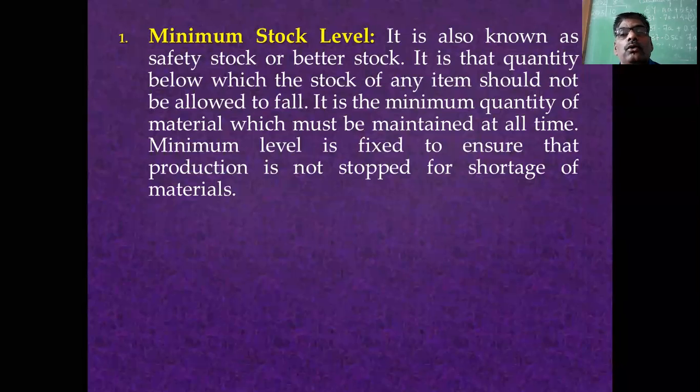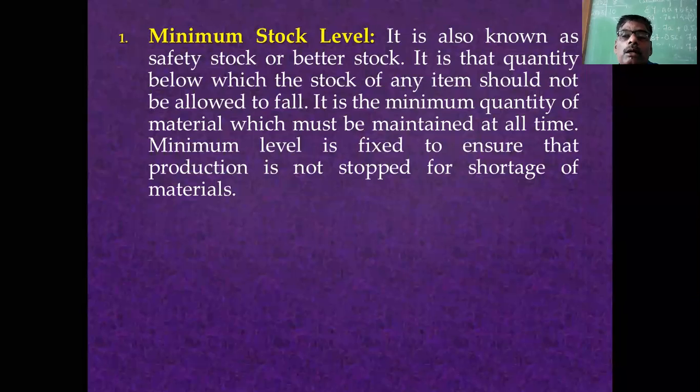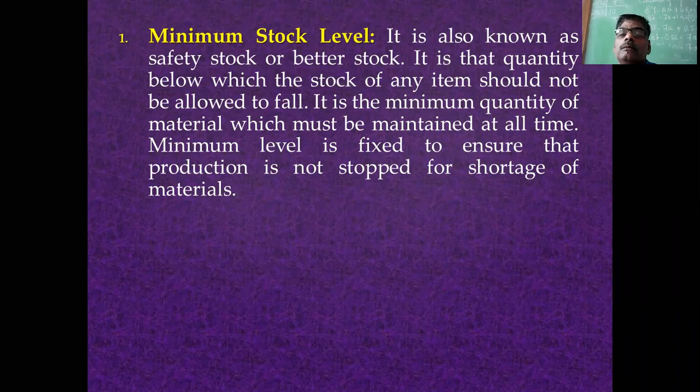The storekeeper's duty is that he should not allow any item of material to go below this level. It is the minimum quantity of material you have to maintain in your store at all times. That is called the minimum stock level.